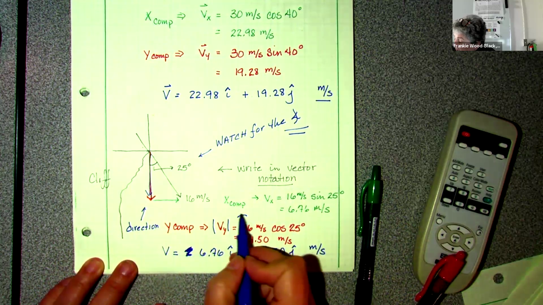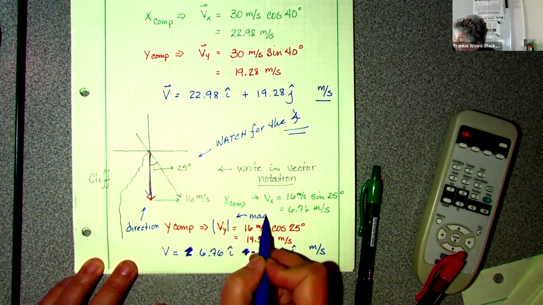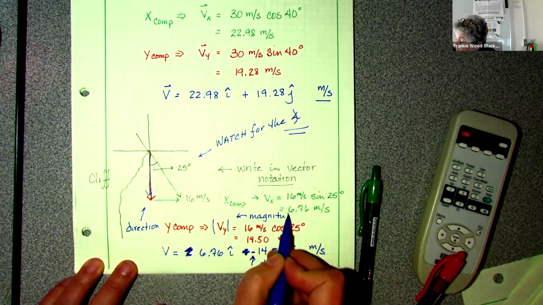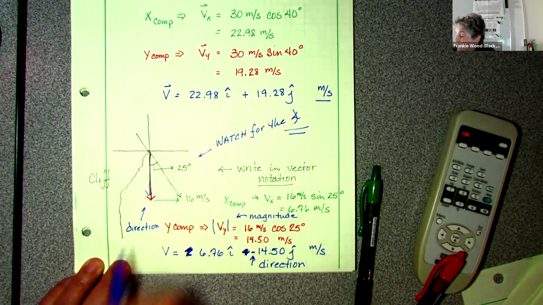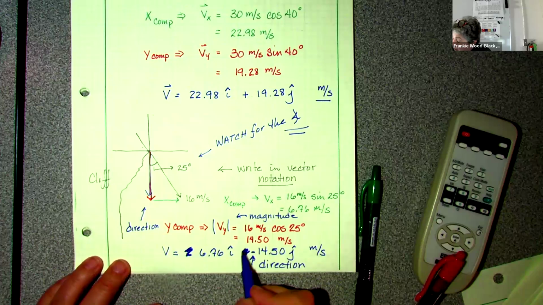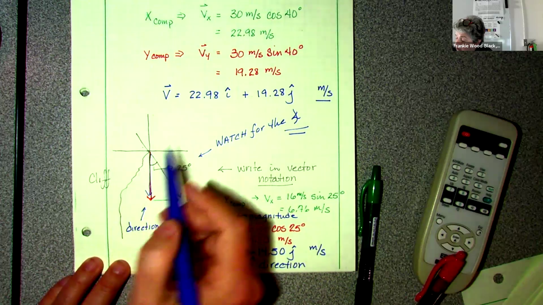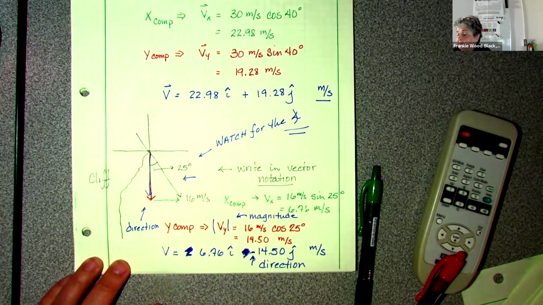That just gave us magnitude, because my direction is actually downward. So we have to make an account for that. So that's not quite correct until I put that negative in there, because this is the vector we want to represent. And drawing our picture is going to give us that particular aspect.